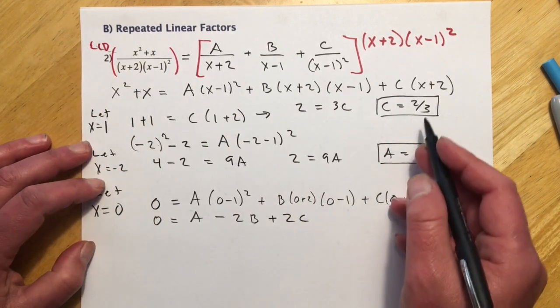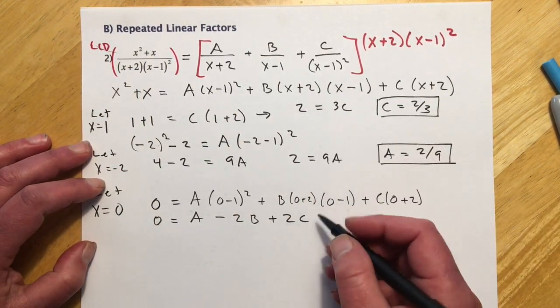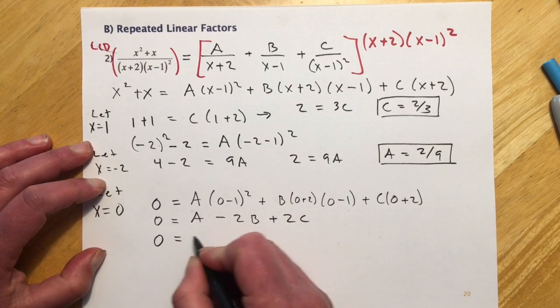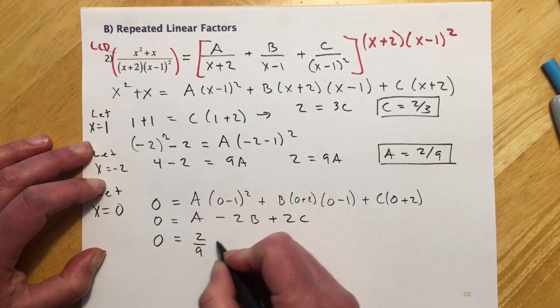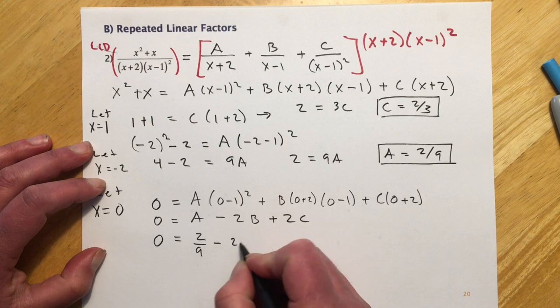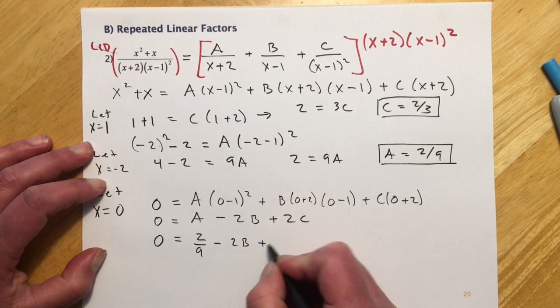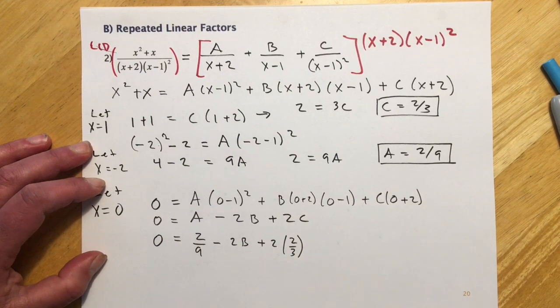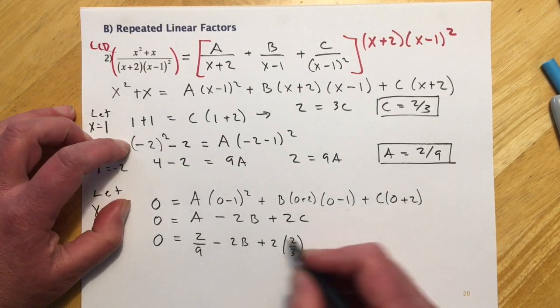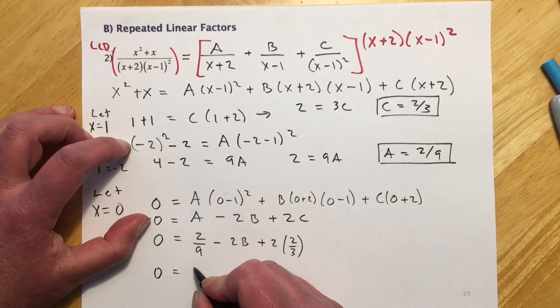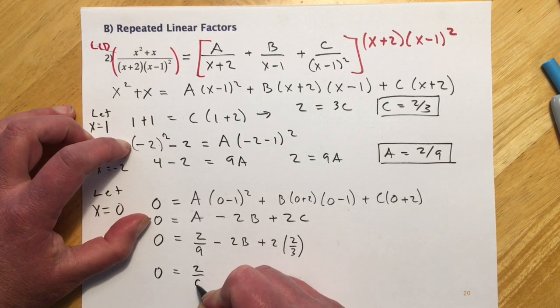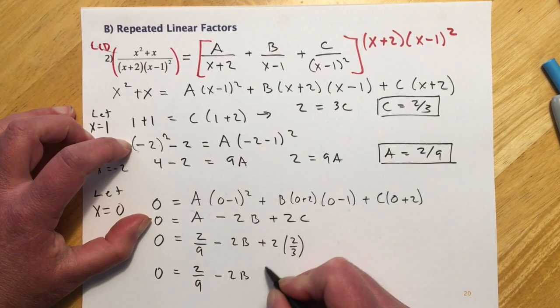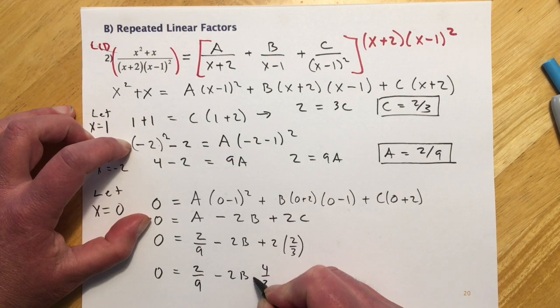And then I know a and c, so I can plug those in. And 0 equals 2/9 minus 2b plus 2 times 2/3. So that's going to be 0 equals 2/9 minus 2b, and then 4/3.